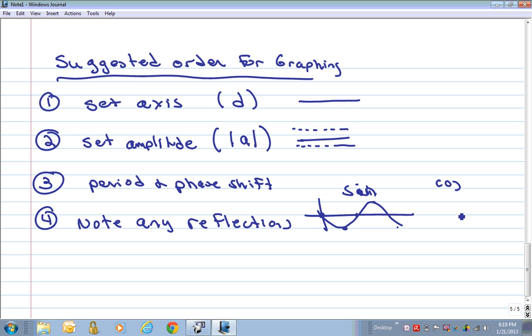In a cosine graph, traditionally, you start at the top of the amplitude. In a reflected cosine graph, so this would be a negative, you would start at the bottom of the amplitude and then go up, top of the amplitude, back down, and then back to the bottom of the amplitude. And your graph would look more like that.